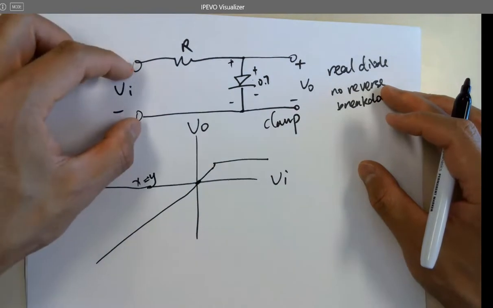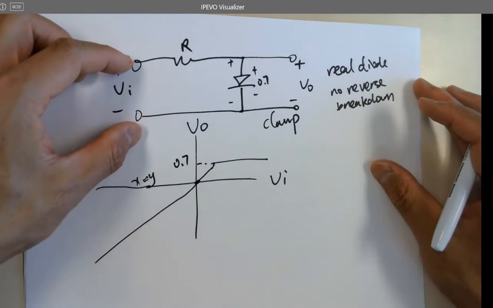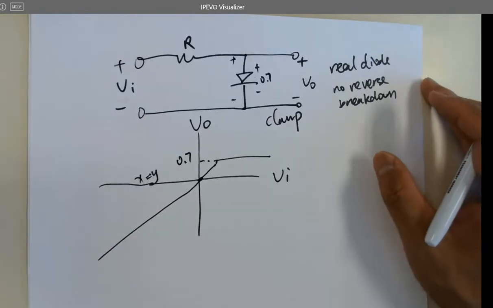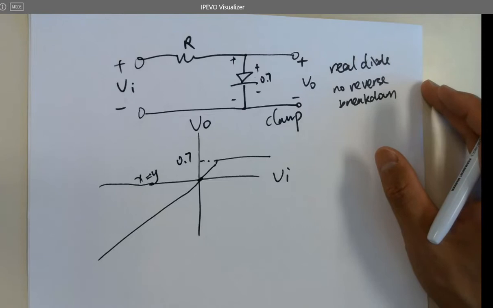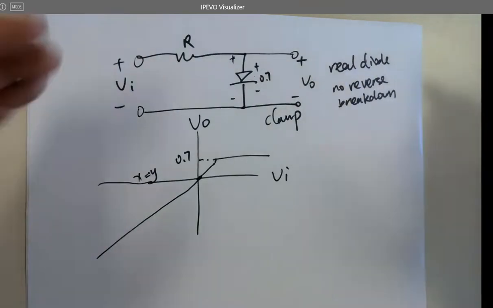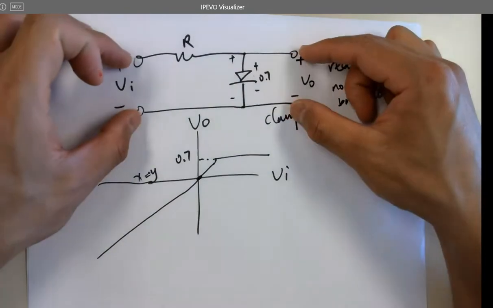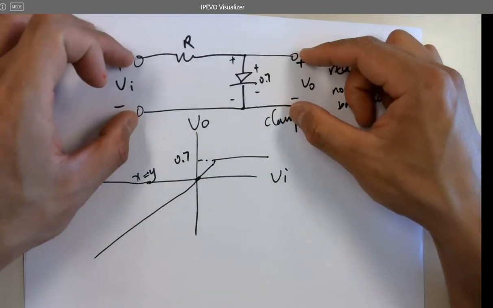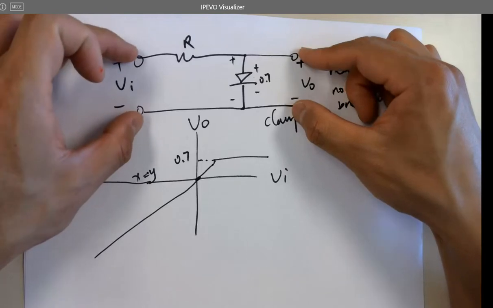I mean, you're thinking, yeah, 0.7. Right, but can you adjust that, like when you make the diode, so you have one whose threshold is 1 volt? It depends on the material, but I think definitely based on the doping concentration, it's changeable. But what's happening here? You are increasing VI, but here is not changing. How does that work? How can you achieve that? This is increasing, but this is not increasing.